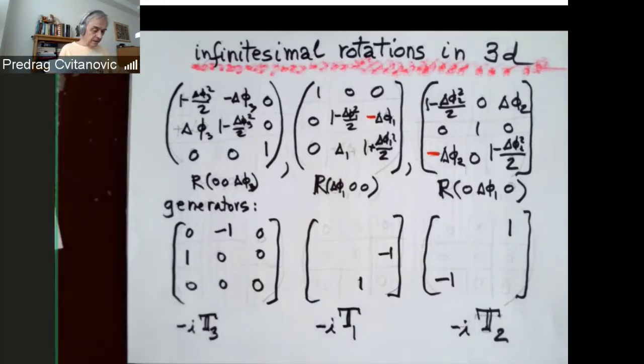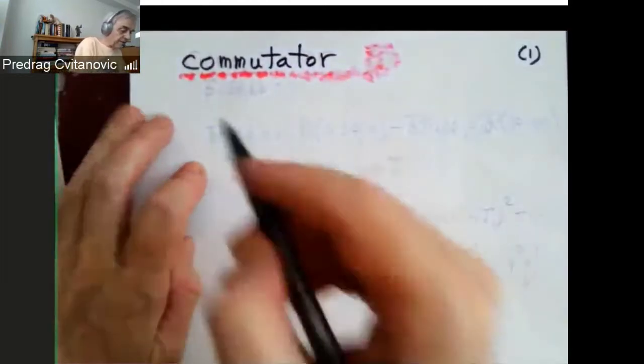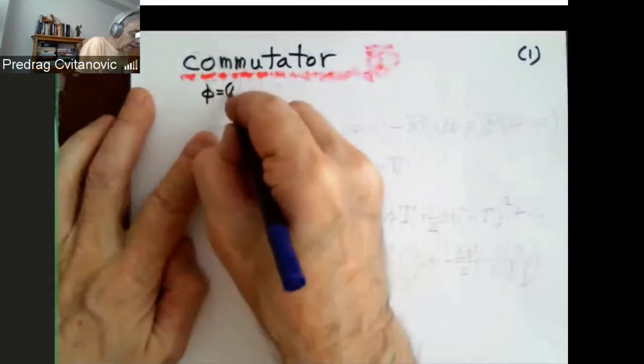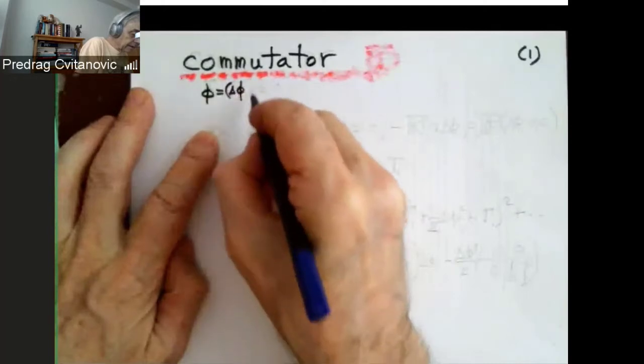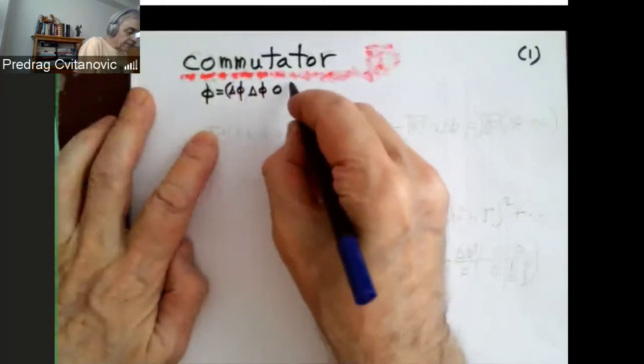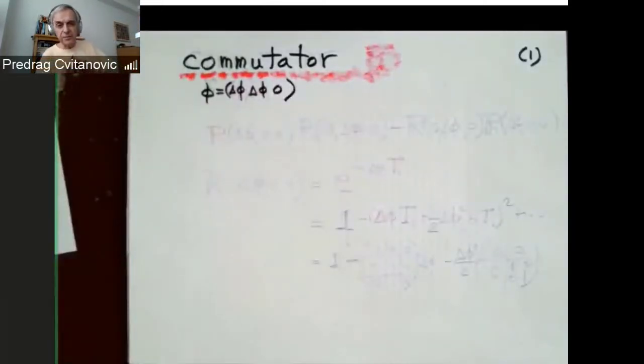So now that we have these generators explicitly, we can compute the commutators. And it suffices to do the calculation just by taking one small angle in the x and y directions and no angle in the third. So it's good enough to make it the same.